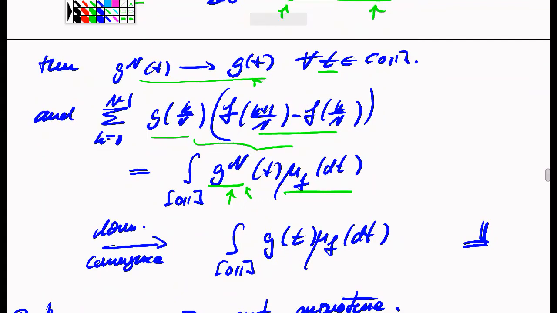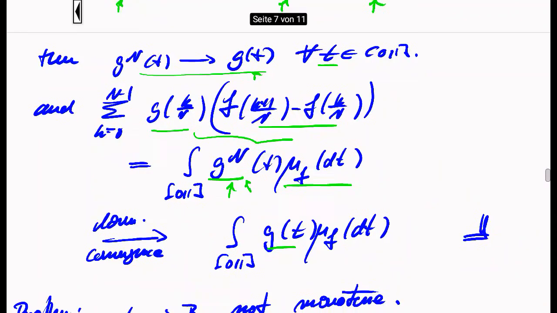And now we are in a situation where we can apply just dominated convergence, because mu f is just some finite measure here, and gn is a sequence of functions which converges for all t to a certain limit function g of t. And if we have an integrable upper bound, which in this case would be, for instance, just the g function, because we assume it's continuous, and therefore bounded on this compact interval.